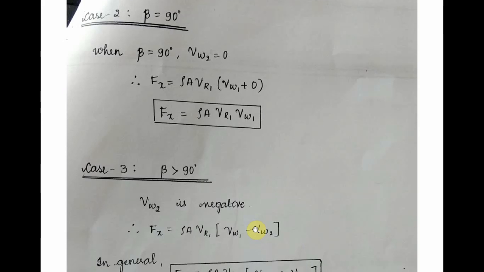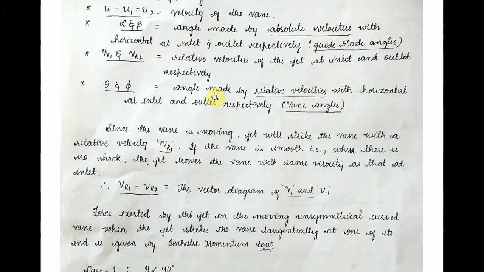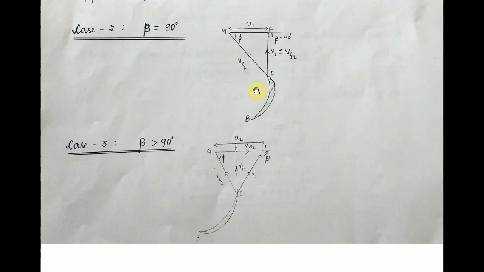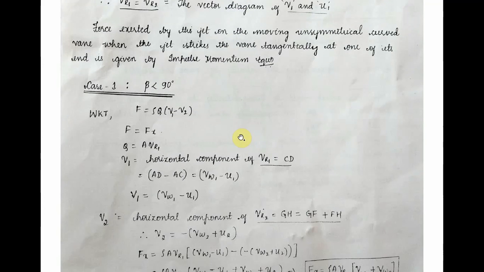Next, case 2, when beta is equal to 90 degrees. This is the diagram when beta is equal to 90 degrees. Here this is G and E, and this is F, and beta is 90 degrees. Here V2 is equal to Vf2, then relative velocity VR2 is here, and U2 is the initial velocity.